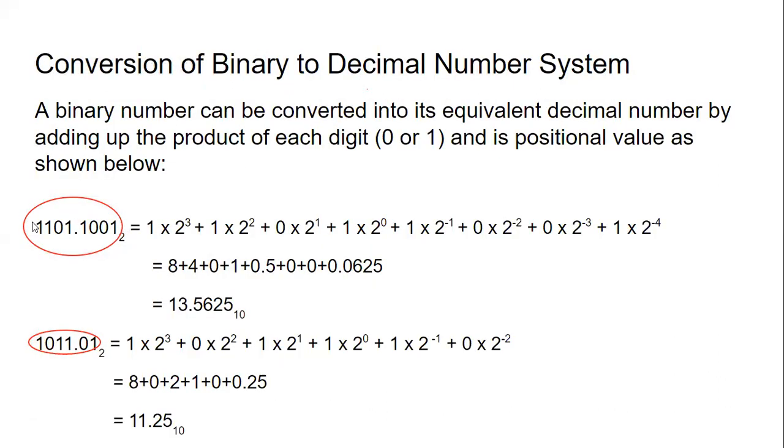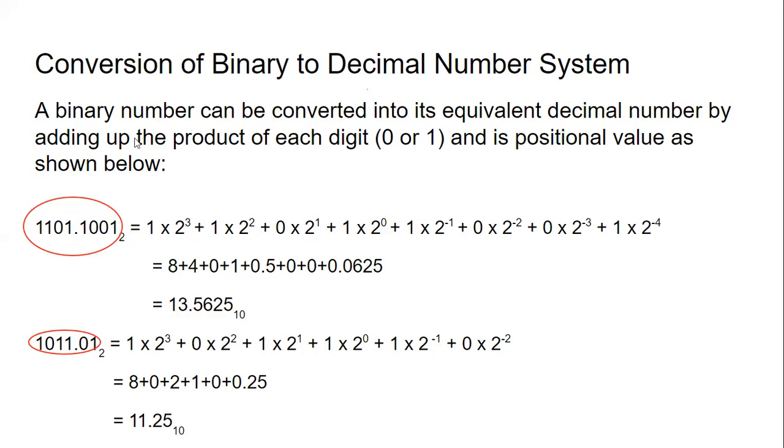Here, the first 1 stands for 2 raised to the power of 3. Because there are two numbers, 0 and 1, we are raising a power of 2.